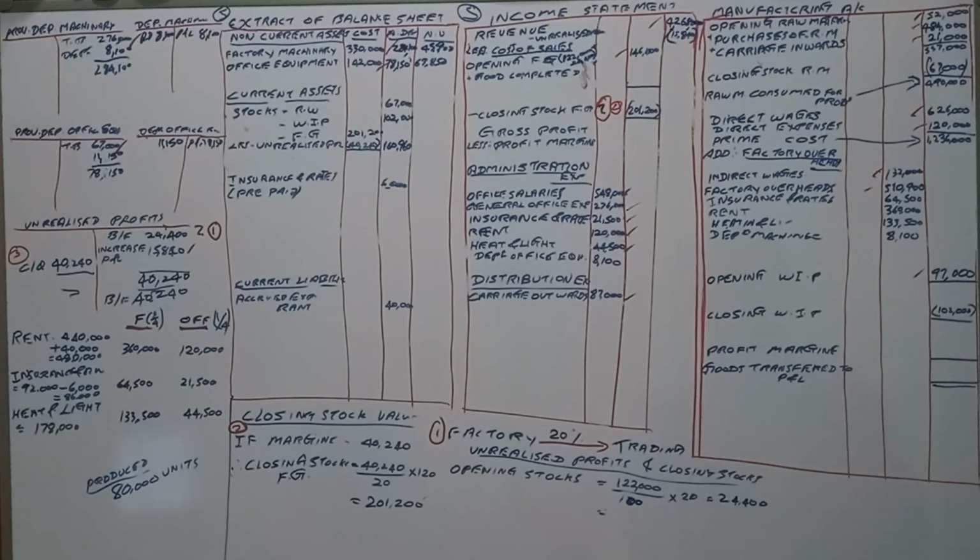That is 132,000 plus 510,900 plus 64,500, and 360,000 plus 133,500 plus 8,100.